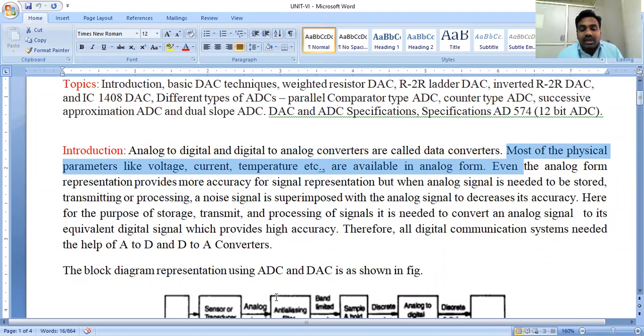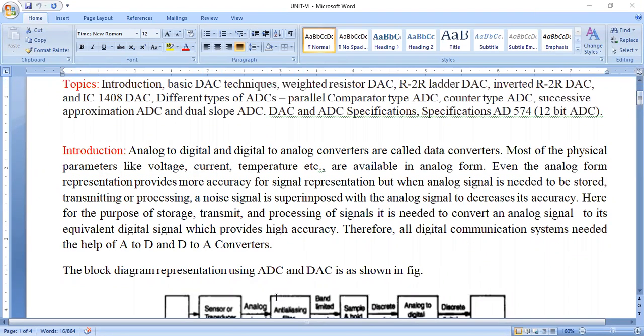So what is the main objective? Here we are proposing the concept of data converters.